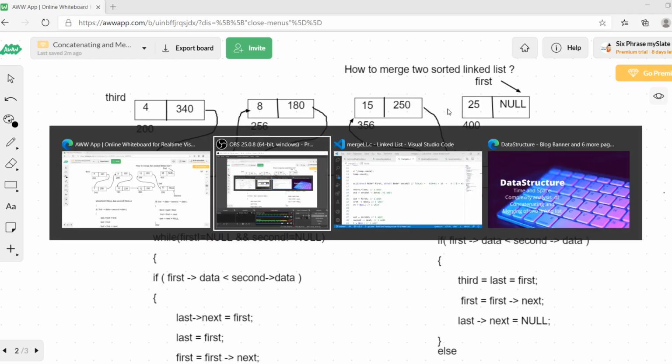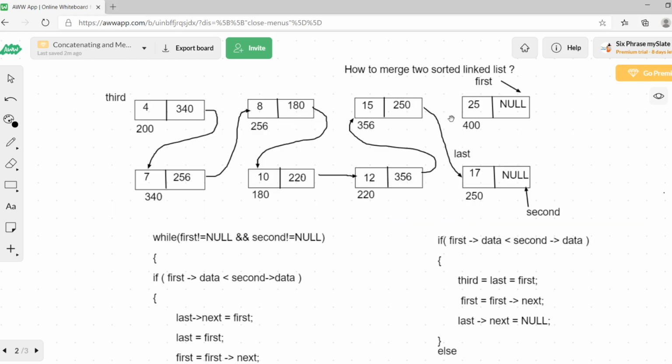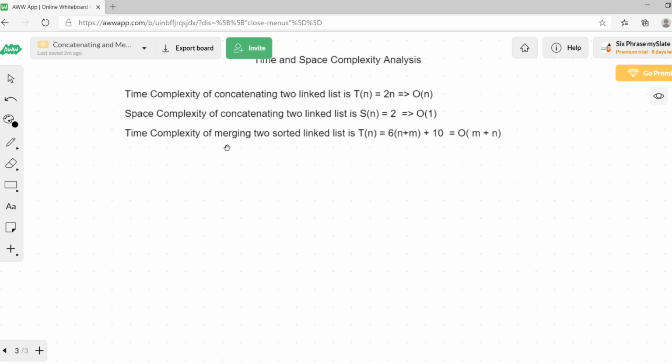So this is actually for the worst case. But if it is the best case, the time complexity will be either order of m, where only the second linked list is traversed, or order of n, where only the first linked list is traversed.